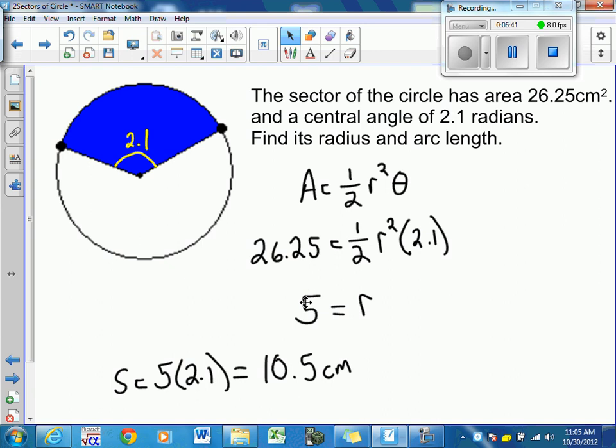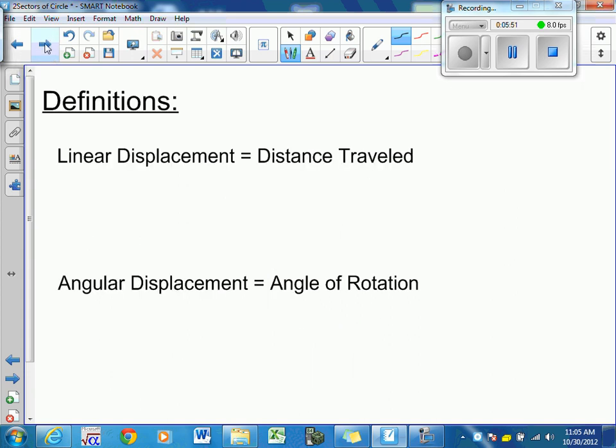Now we want to look at a few other definitions. First is linear displacement. They define this as distance traveled, and you can think of it as distance traveled, but another way to think about it is where you finish minus where you start.